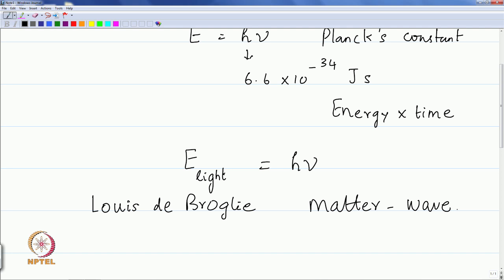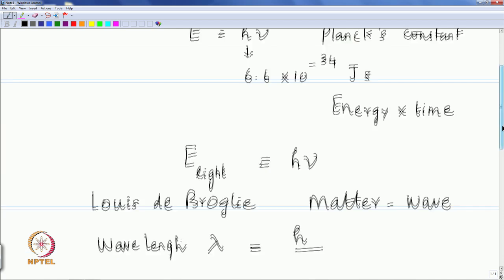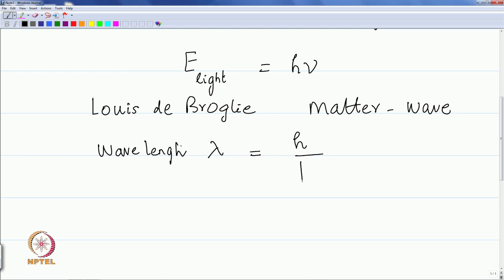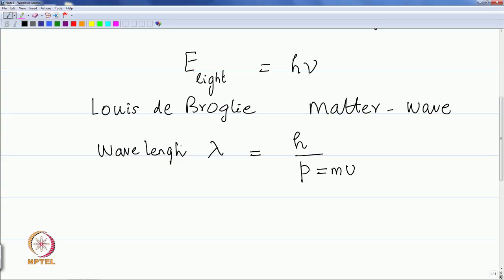And in this process, he introduced the wavelength lambda to be again involving the Planck's constant and the momentum of the particle. This is for particles which travel not with the speed of light, but much less than the speed of light, which you can write as the mass times the velocity.